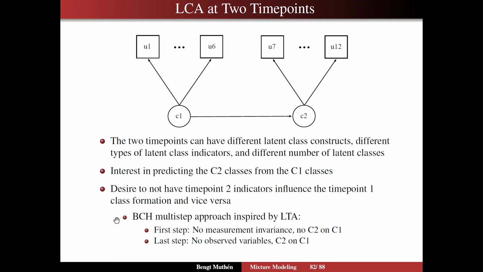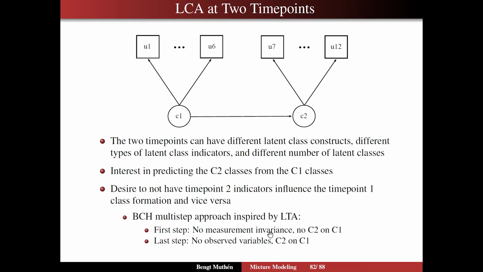We're going to talk about the BCH multi-step approach inspired by LTA, where the first step is going to have no measurement invariance, because we are talking about different types of latent class constructs and different types of latent class indicators. Measurement invariance would not make sense.